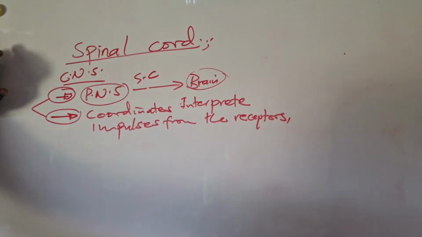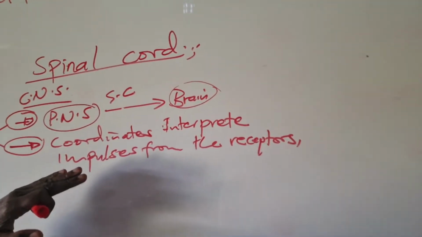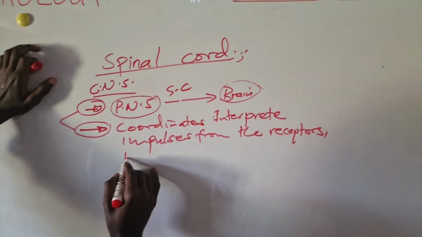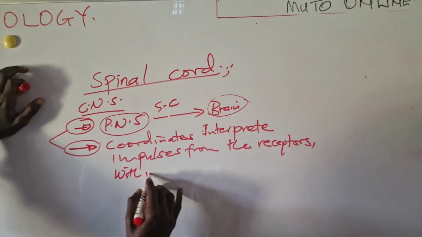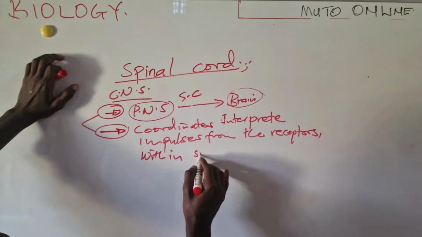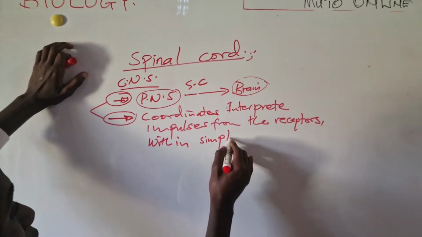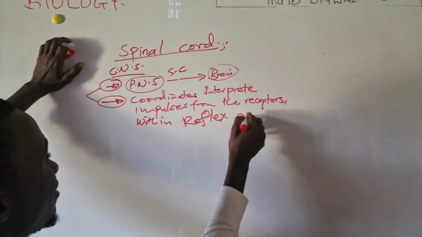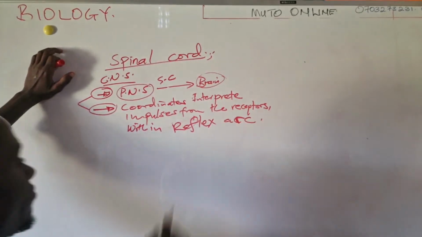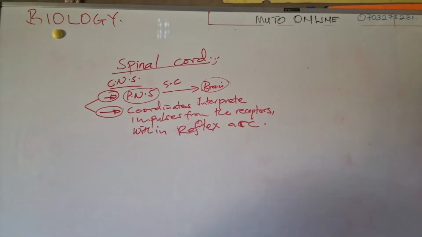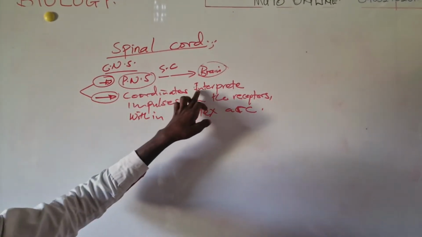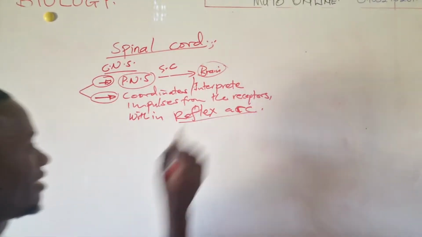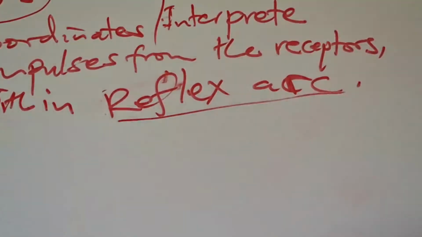And the impulses coordinated by the spinal cord are those impulses that are within the simple reflex arc. So it is the spinal cord that coordinates and interprets impulses within the reflex arc.